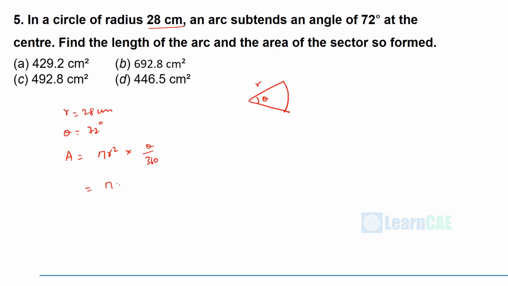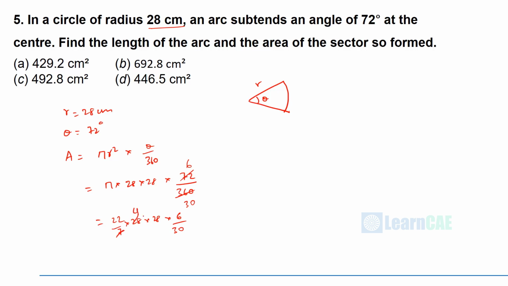So pi into r is 28, 28 into 28 into theta is 72 by 360. We shall divide by 12. This is 6 and this one is 30. This is equal to 22 by 7 into 28 into 28 into 6 by 30.